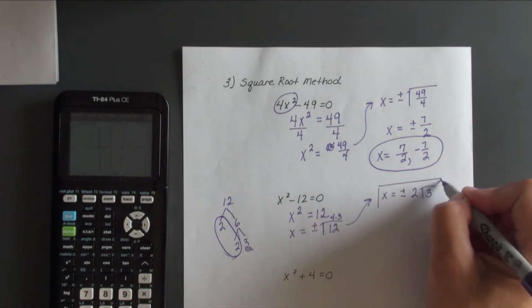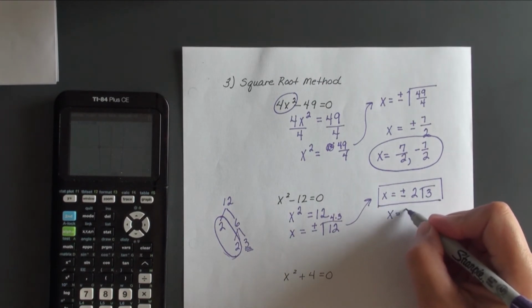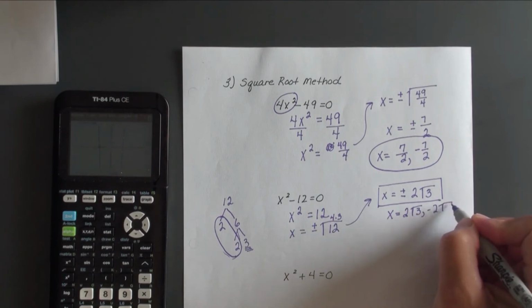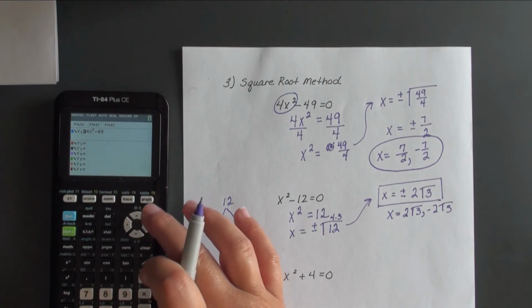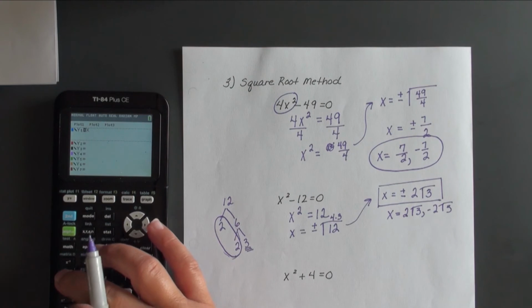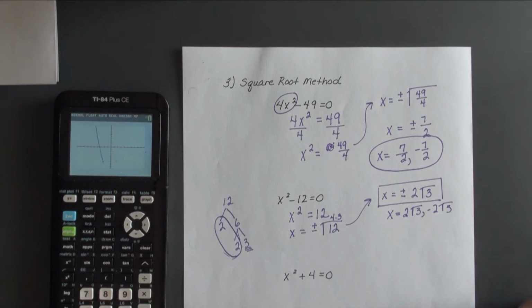Now these numbers are not as easy to determine unless you know how to solve algebraically. So let's go to our calculator, and we're going to type in x squared minus 12. And you can see that the graph does not go through any whole numbers.